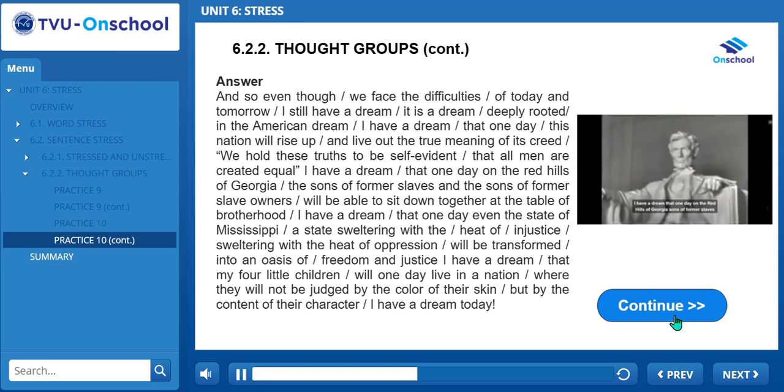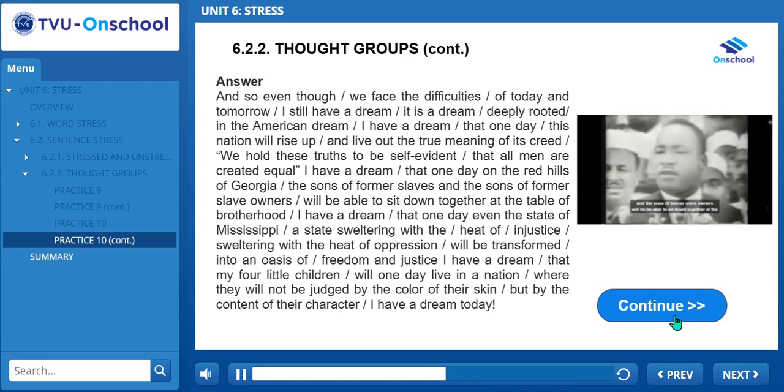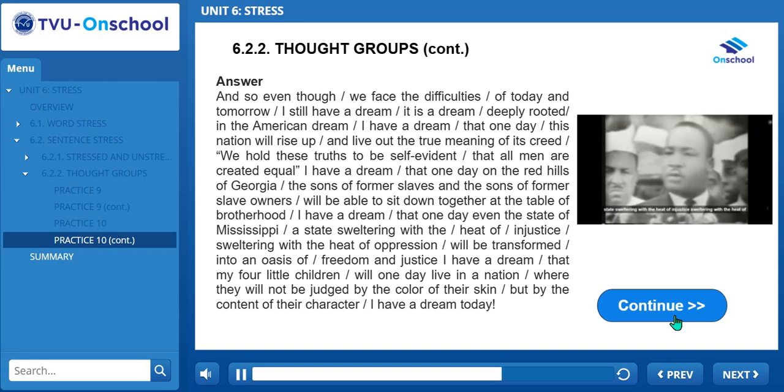I have a dream that one day on the red hills of Georgia, the sons of former slaves and the sons of former slave owners will be able to sit down together at the table of brotherhood. I have a dream that one day, even the state of Mississippi, a state sweltering with the heat of injustice.